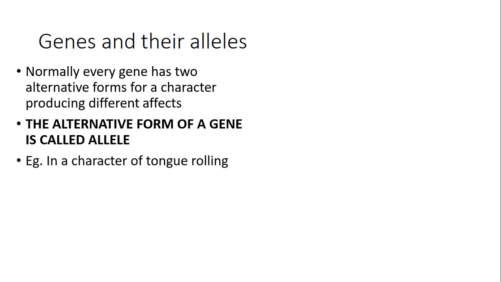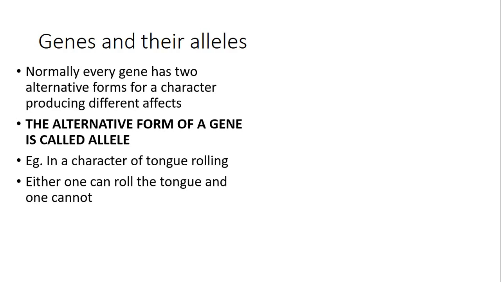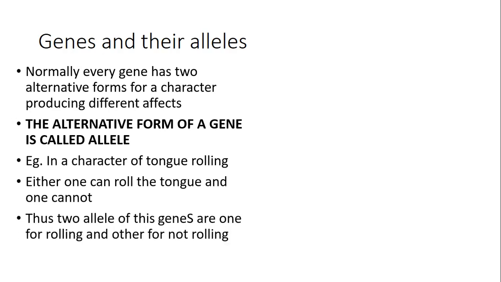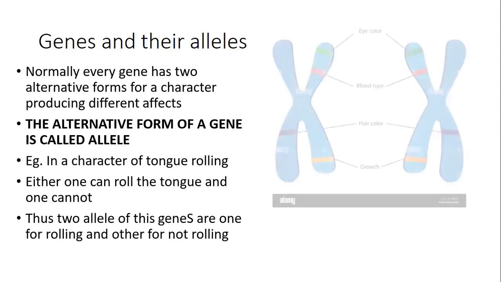For example, in the character of tongue rolling, either one can roll the tongue or one cannot. Thus, the two alleles for this gene, tongue rolling, are rolling and non-rolling.